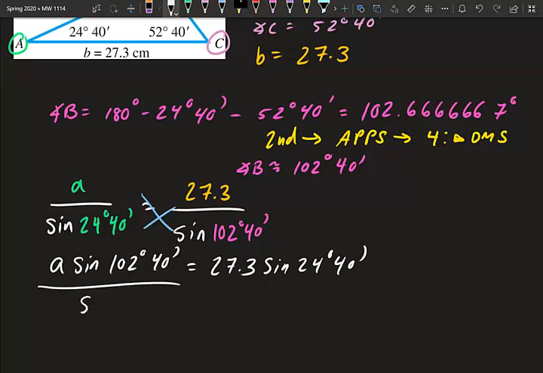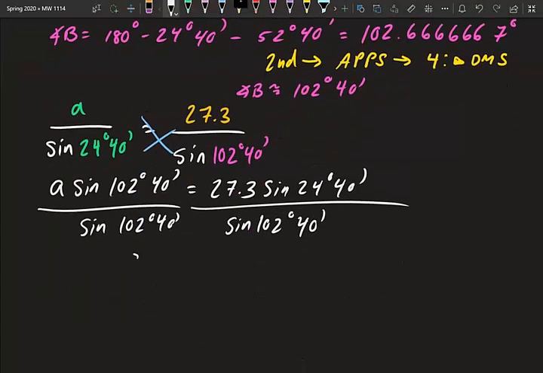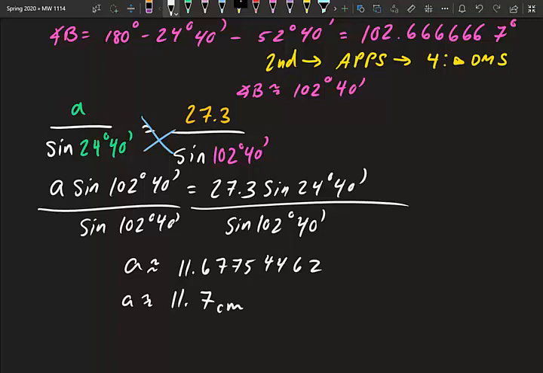We divide. And when we do, we get A is approximately 11.67754462. So we would say 11.7, 3 significant digits.